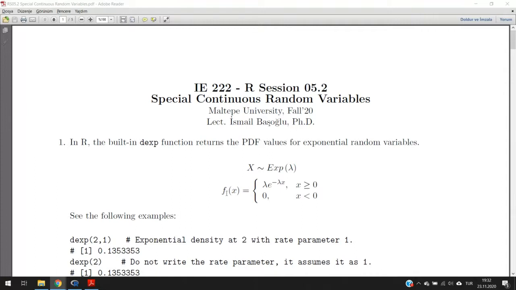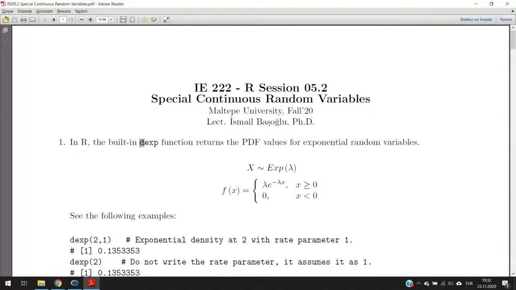So basically, as theoretical, you know the probability density function of the exponential random variable with rate parameter lambda. It is easy to calculate it, lambda times e to the power minus lambda x for non-negative values, and for negative values, it is obviously 0. This function is the function in R which is represented with the comment dexp.